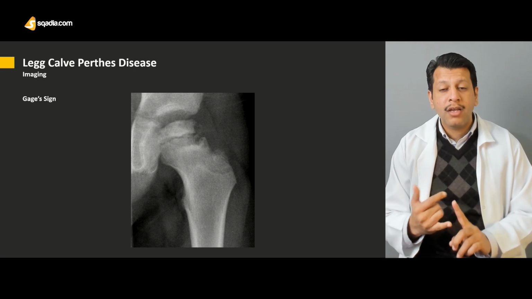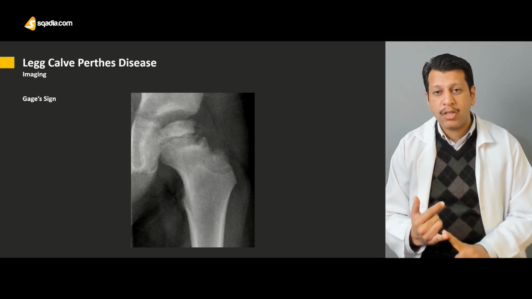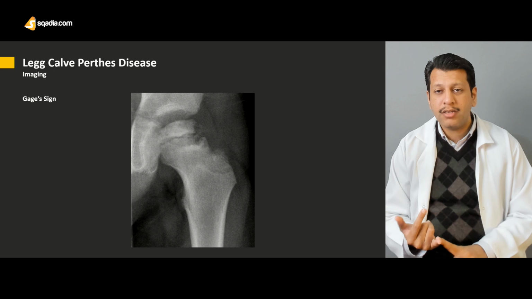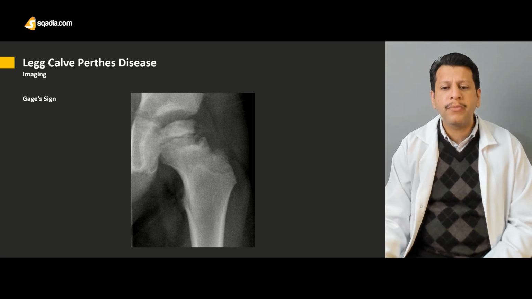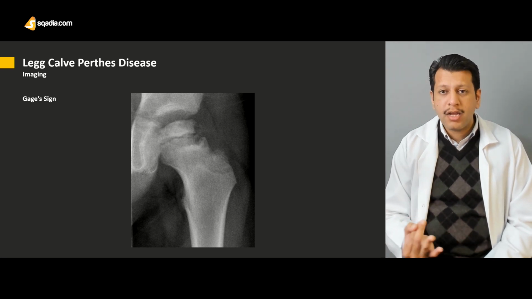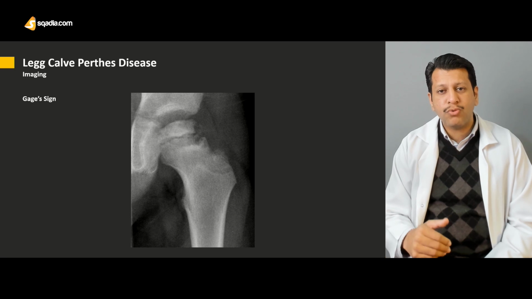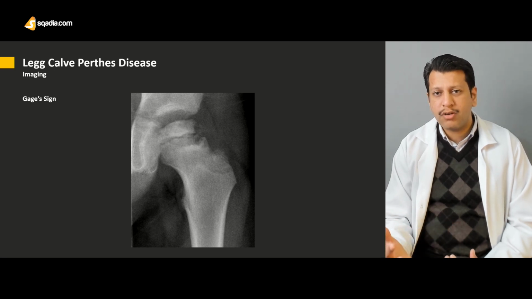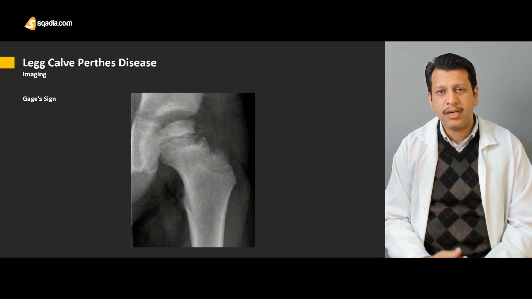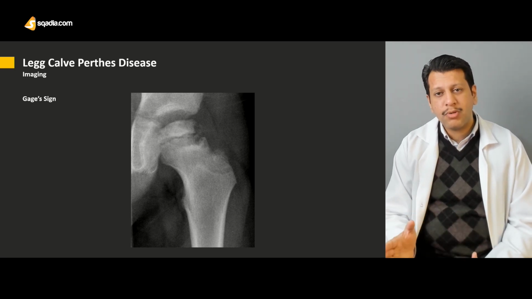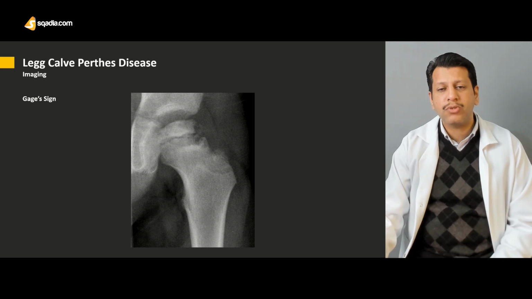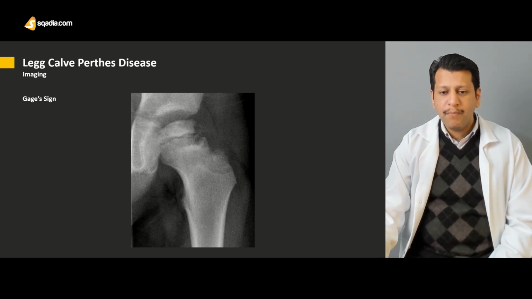But our infection markers were within normal limits: CRP was normal and TLC count was normal. Only ESR was mildly raised, but that can be due to LCPD as well. Our MRI was normal, with no changes of transient synovitis or septic arthritis. The head was viable. Considering the X-rays as well as the hematological workup, we made the diagnosis of Legg Calve Perthes disease.